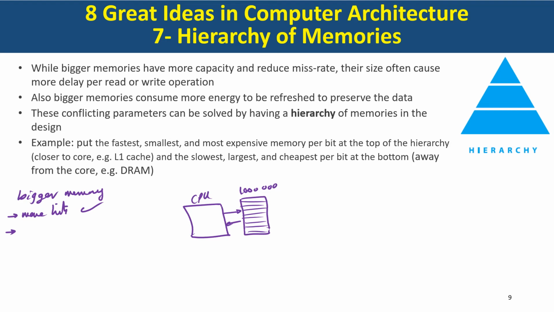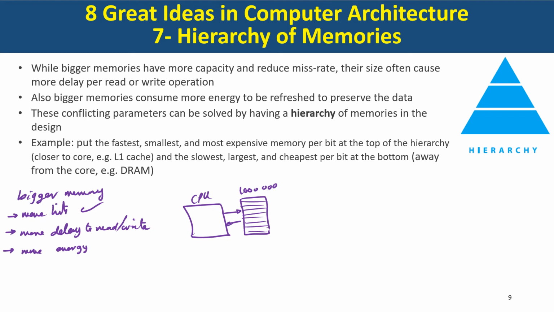The bad thing is bigger memory means more delay to read or write. So from one point you increase the performance, from another point you decrease the performance. That's really bad. And also more energy, because you have more circuitry. We're gonna go into details when we talk about memories in this course, about what kind of power we consume to read from a memory.